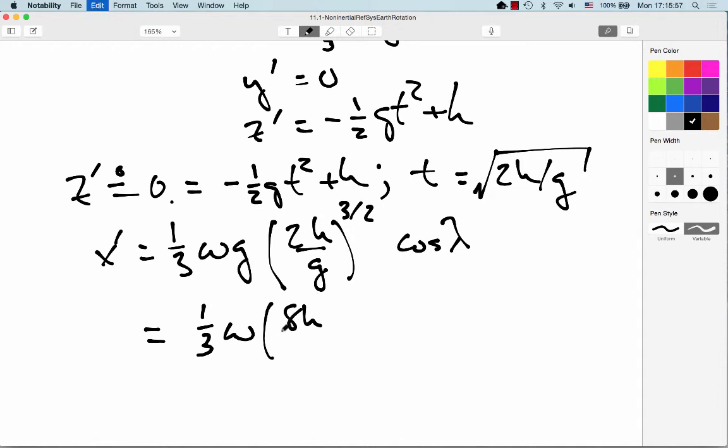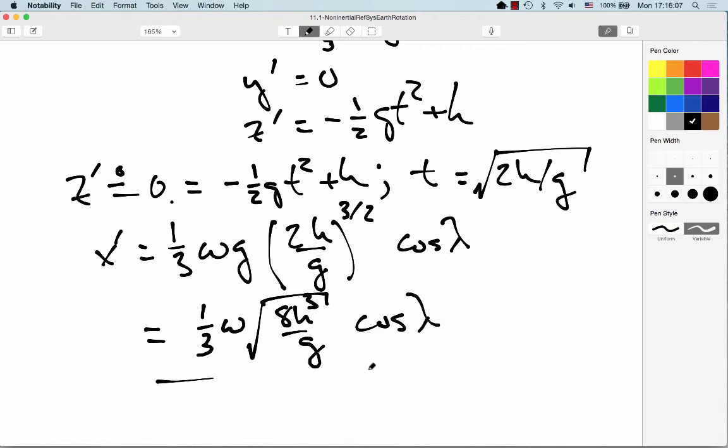Whoops, let's do it this way. 1/3 omega times the square root of 8h cubed over g cosine lambda. So if we look at this, our result is positive. So this means that the drift is eastward.